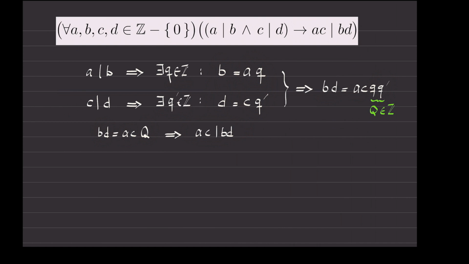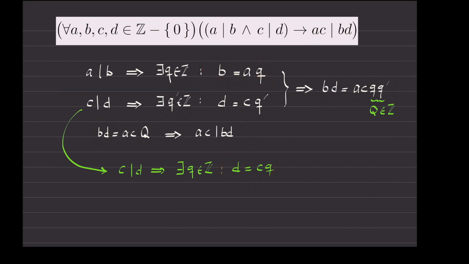For example, if I naively, let me write it with a different color. Let us say that when you say C divides D, you write it as there exists, and you use the same letter Q, in Z, such that D is equal to CQ. Then what happens? Let us say that I take this one and add them side by side.